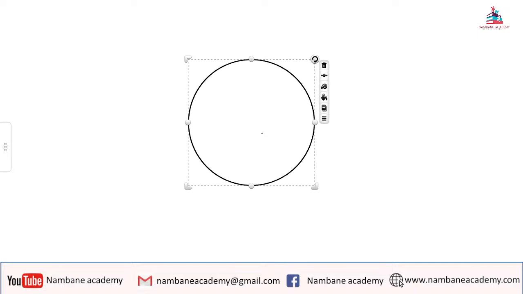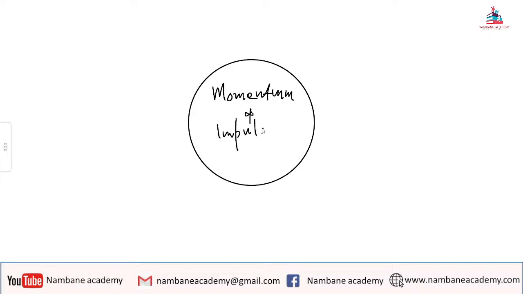I usually start everything somewhere in the circle and say this is now momentum and impulse. But there are a few things that one must be in a position of explaining, and this forms part of the definitions thereof.